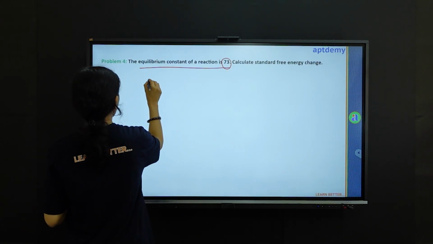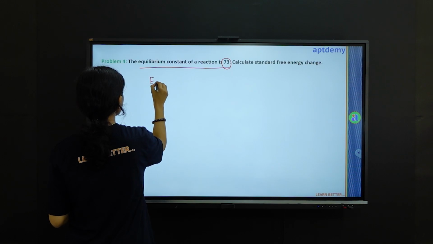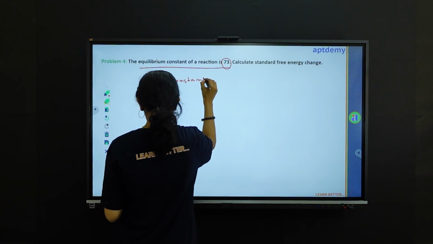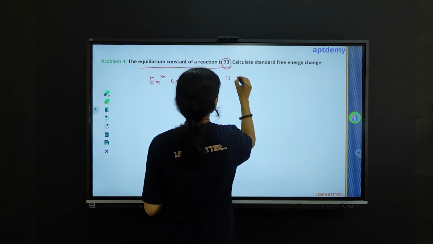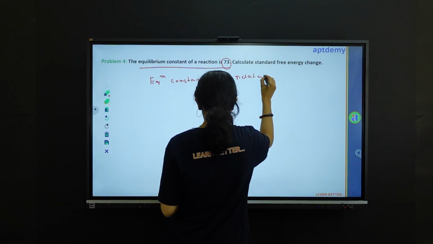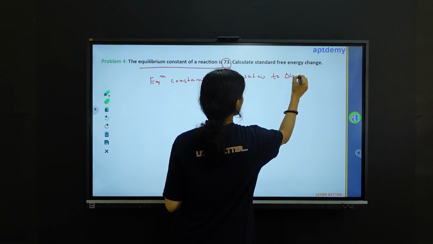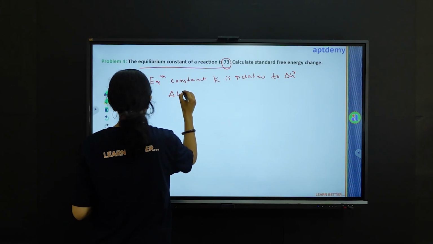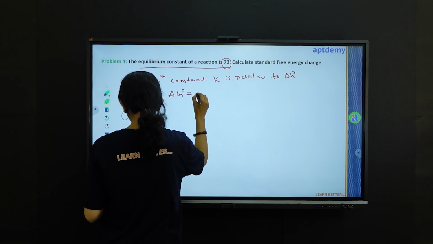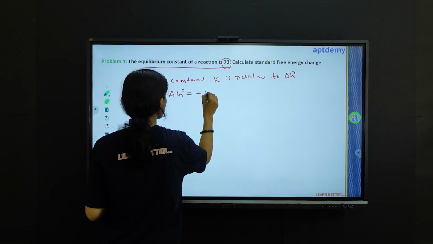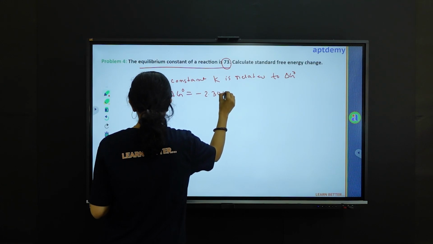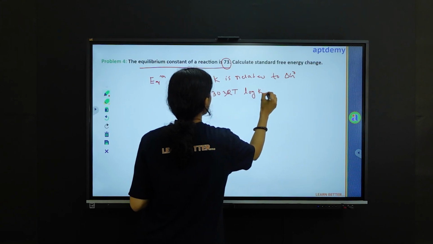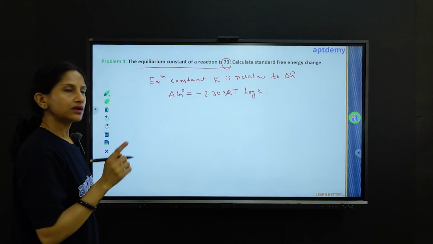So what we know is that the equilibrium constant K is related to ΔG° via the following equation. What is the equation? ΔG° is equal to minus 2.303 RT log K. We are writing here in terms of log.